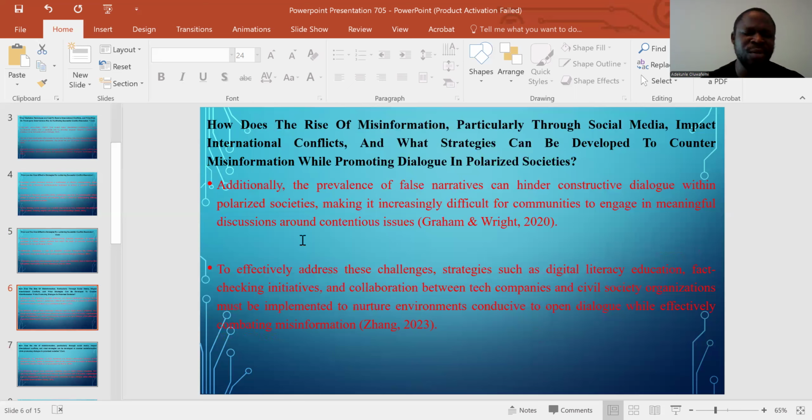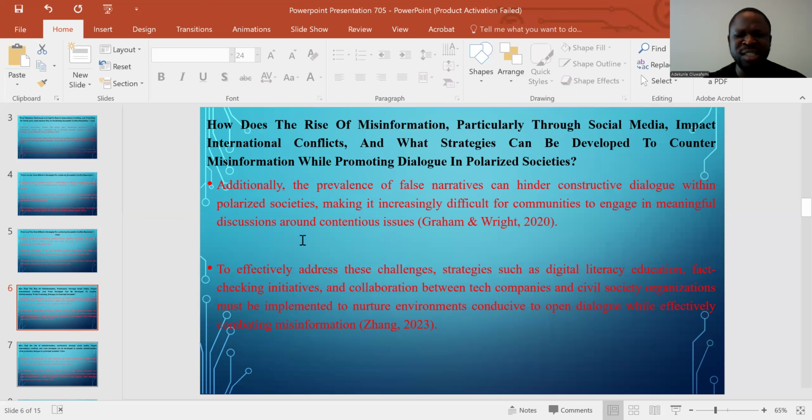So how does the rise of misinformation, particularly through social media, impact international conflict? And what strategies can be developed to counter misinformation while promoting dialogue in polarized societies? Additionally, the prevalence of false narratives can hinder constructive dialogue within polarized societies, making it increasingly difficult for communities to engage in meaningful discussion around contentious issues.